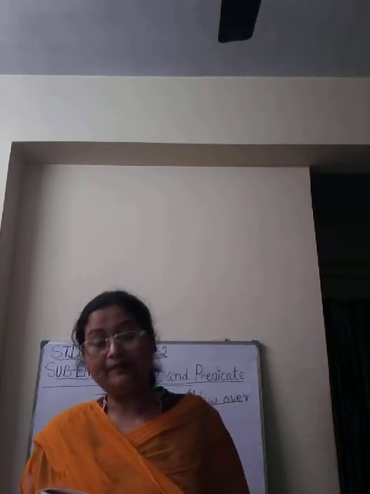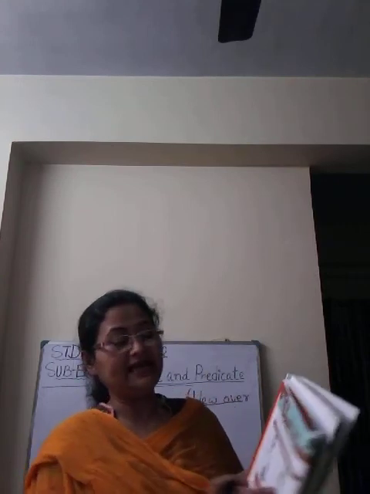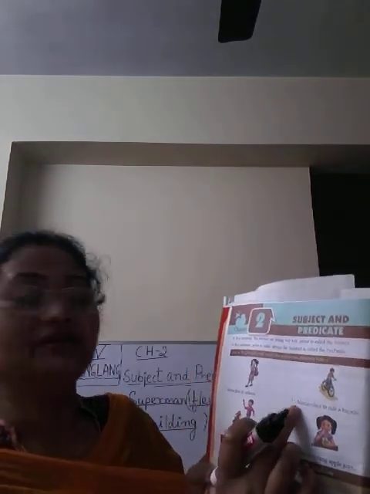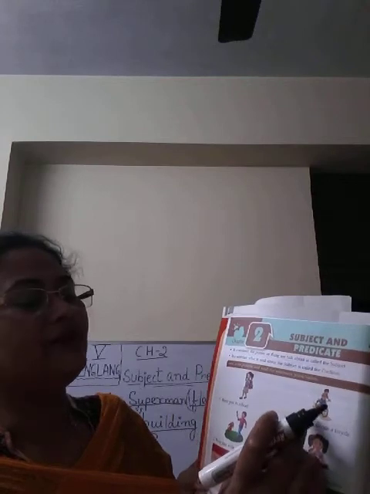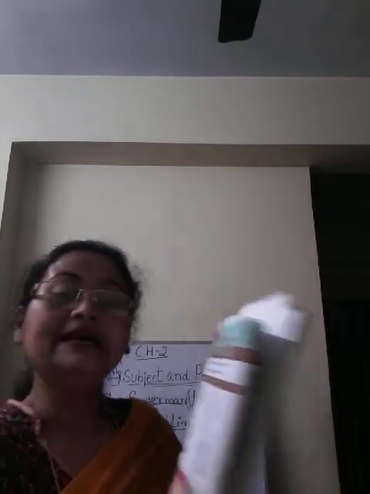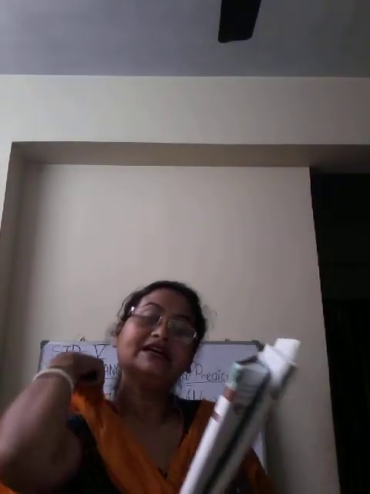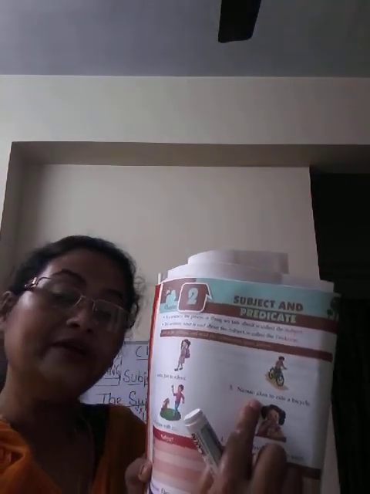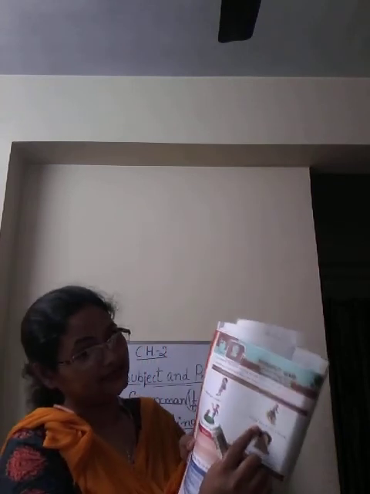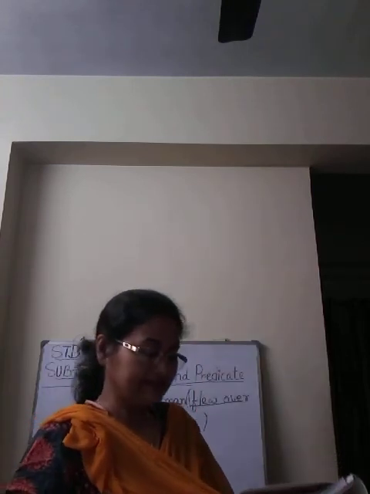Likes to ride a bicycle. This part speaks about Naman, so from "likes" to "bicycle" is the predicate of the sentence. And "likes" is a verb, isn't it? As we know, a predicate contains a verb. Clear?